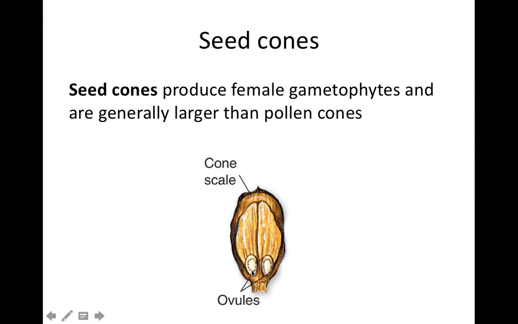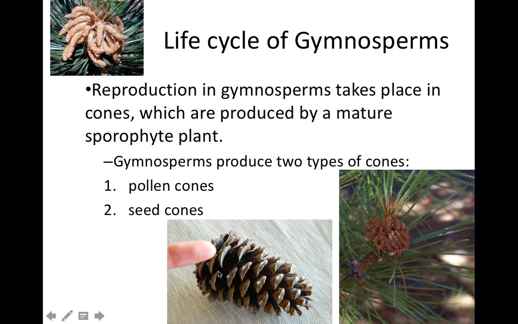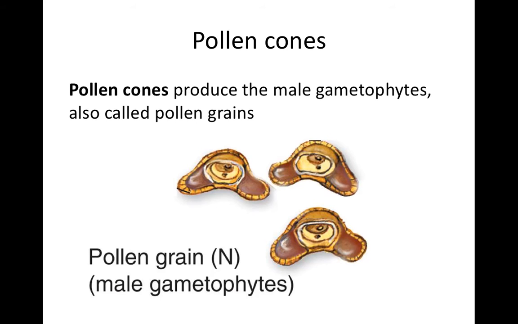You can imagine in each of these little gaps, here's the top of the cone, here's the bottom, you would find up to two seeds that could be fertilized and create a fertilized seed that could be used to grow an adult plant.